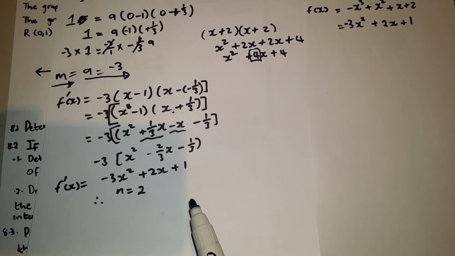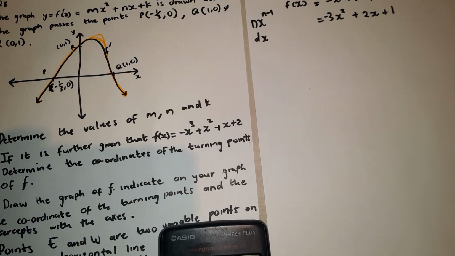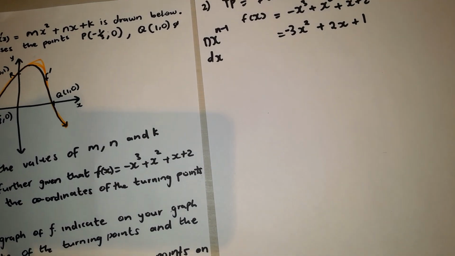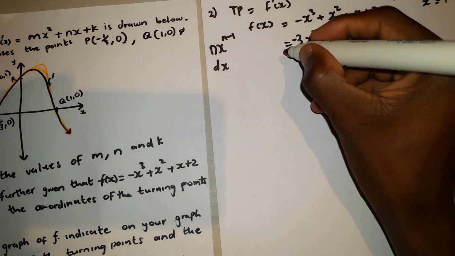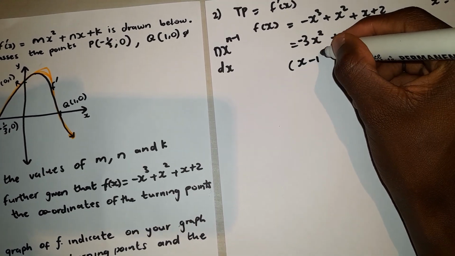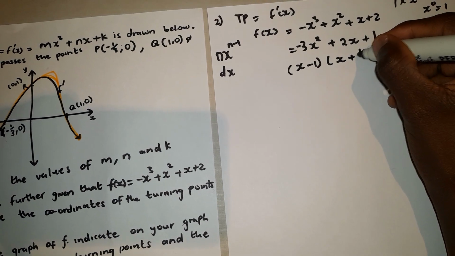See, so now there's no need for us to even try to factorize this, because we know that the x values or the factors are the same. So we know that the factors here are going to be x minus 1 and x plus 3.